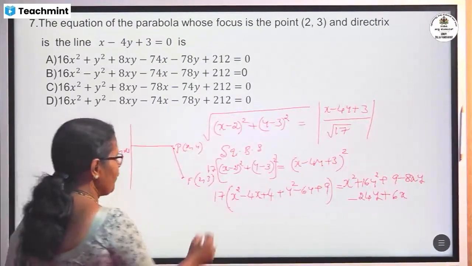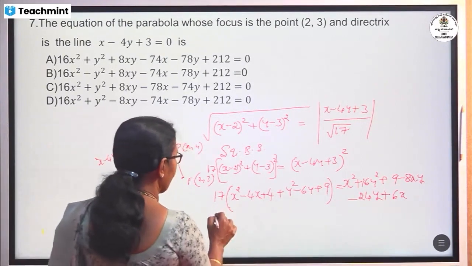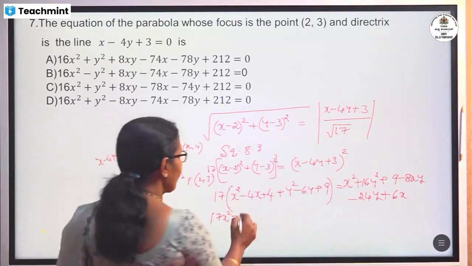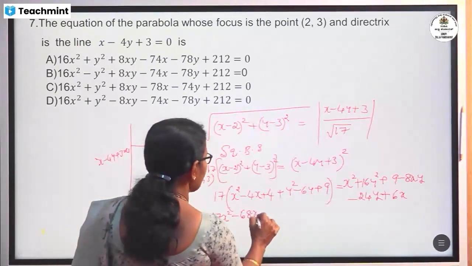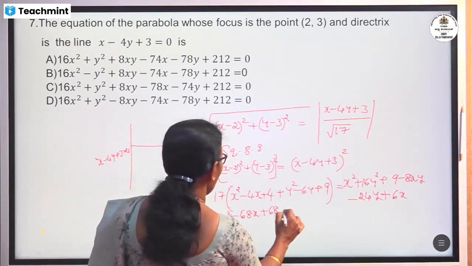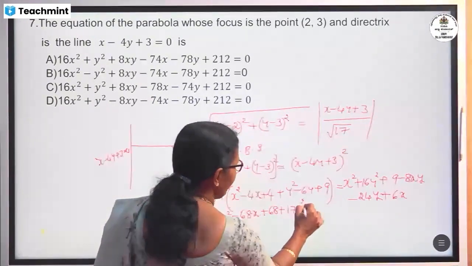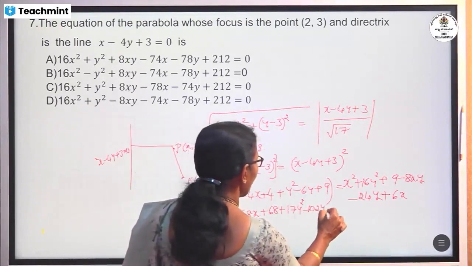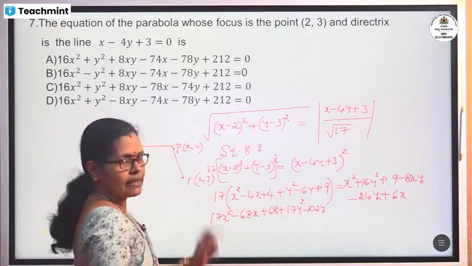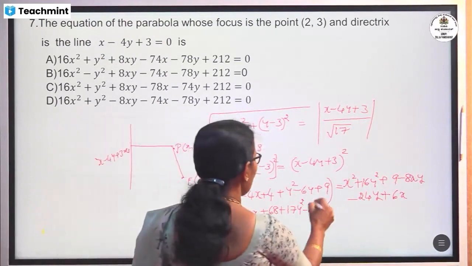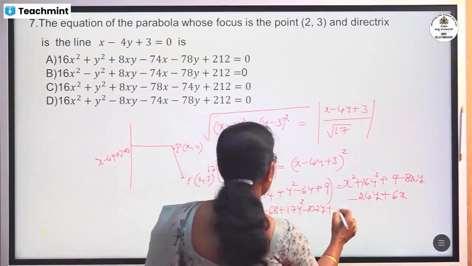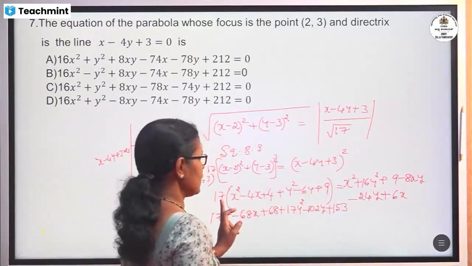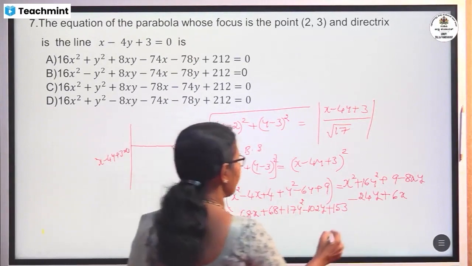Now, when we simplify this one, first we have to multiply it by 17. 17x square minus, here 4, then we get 68x plus 68, plus 17y square minus, here 102y, 6 17s are 102, plus 9 into 17, that is 153.